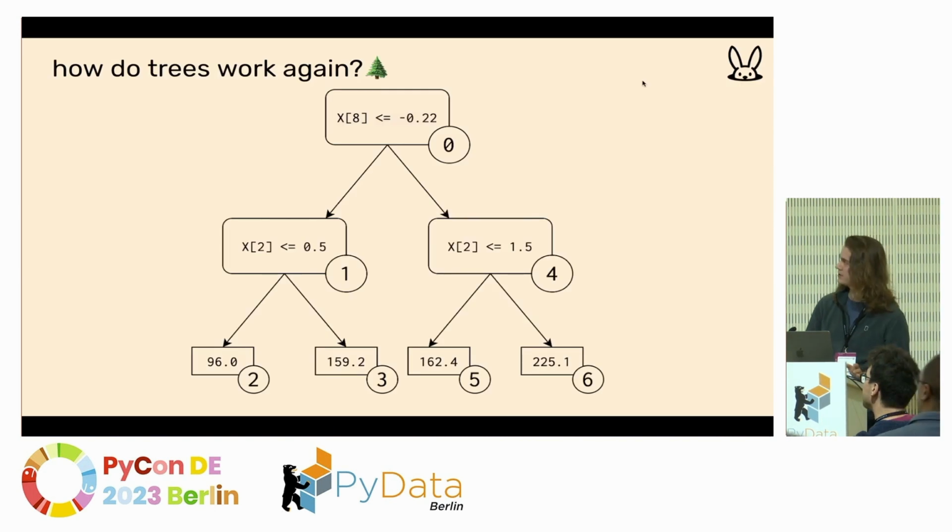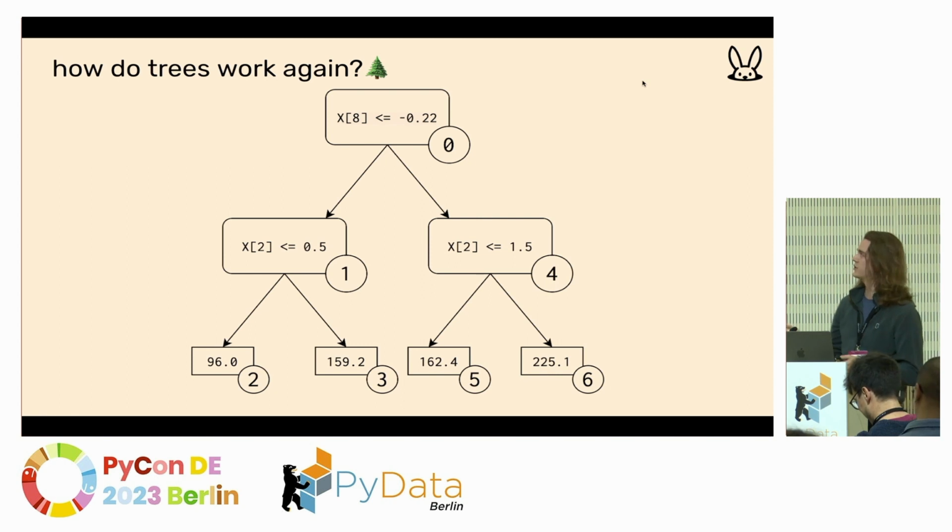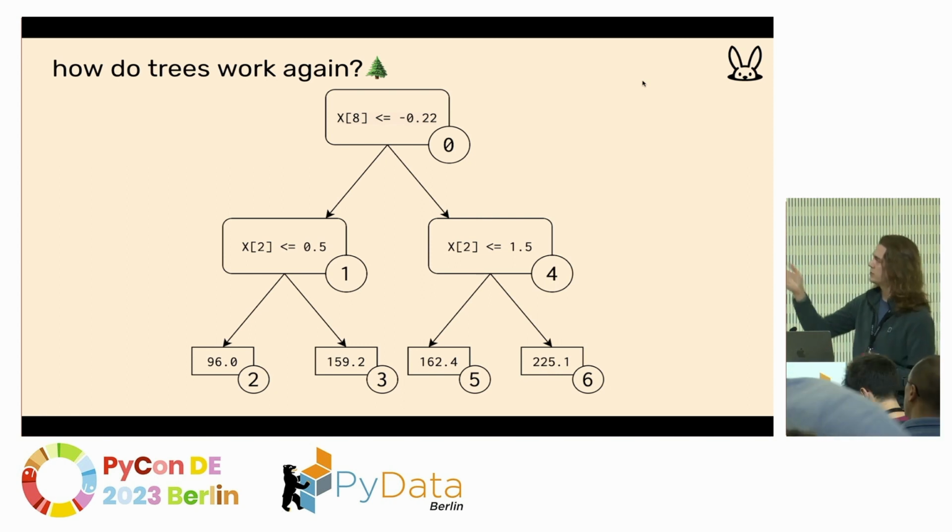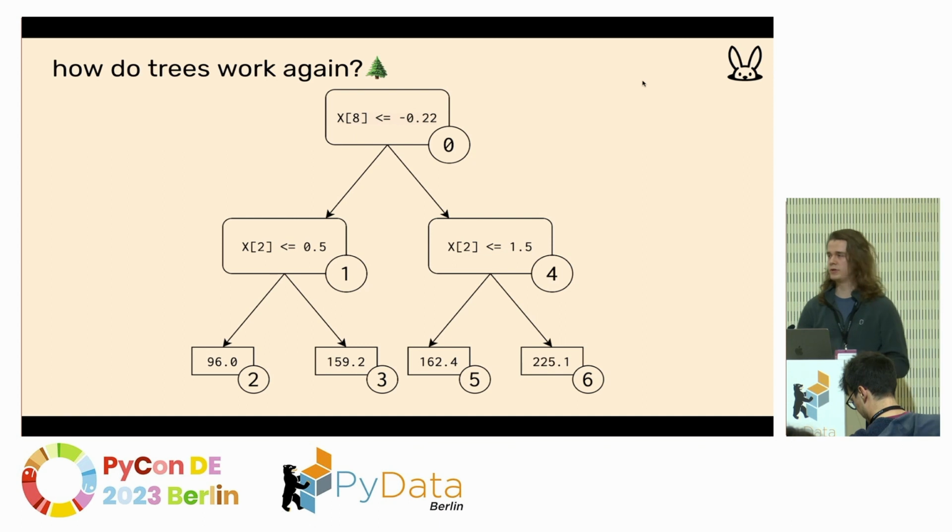So quickly, before we dive into how the saving works in sklearn, a quick reminder of how decision trees actually work. For an input data frame, let's call it X, what we are interested in is the inference of a decision tree.